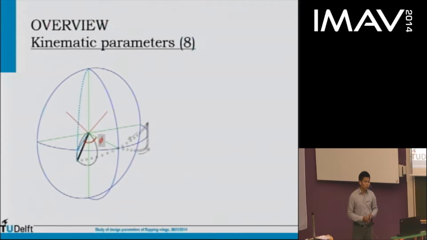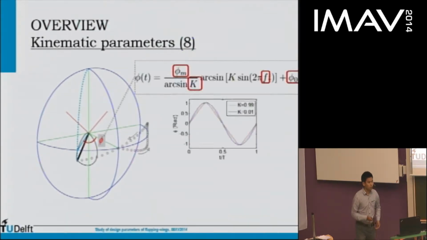The first one describes the sweeping motion, which denotes the back and forth movement. This motion is described by this function, which is quantified by the amplitude, the parameter k, and the phase shift, as well as the shift of the horizontal position of the horizontal plane.